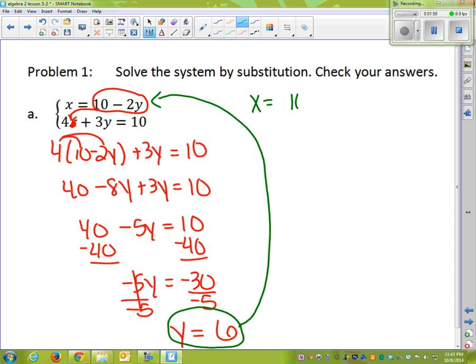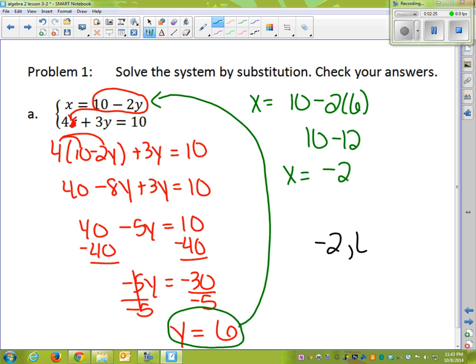So x is equal to 10 minus 2y, which is 2 times 6, which is equal to 10 minus 12, and x is negative 2. I'm going to write my solution as an ordered pair. If I were to graph these two lines, they would cross at the point negative 2, positive 6. And that is solving the system by substitution.